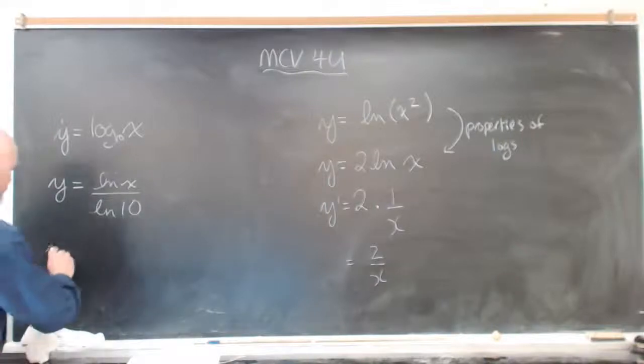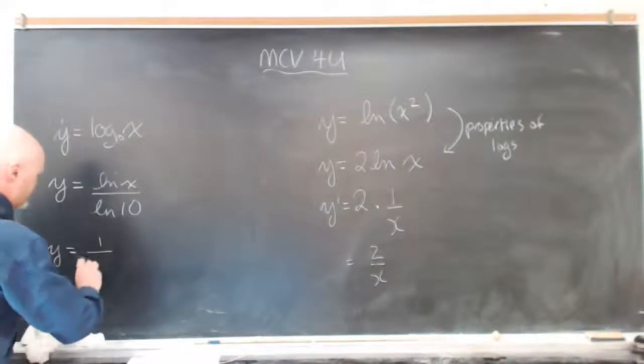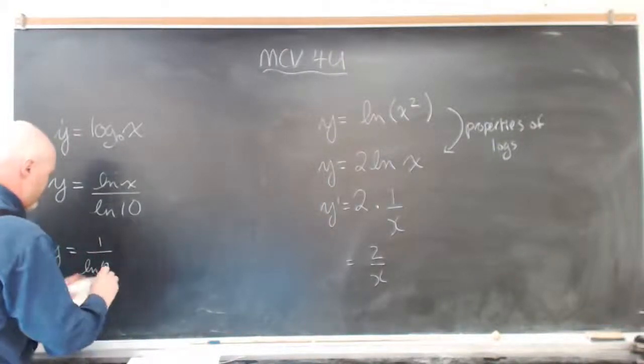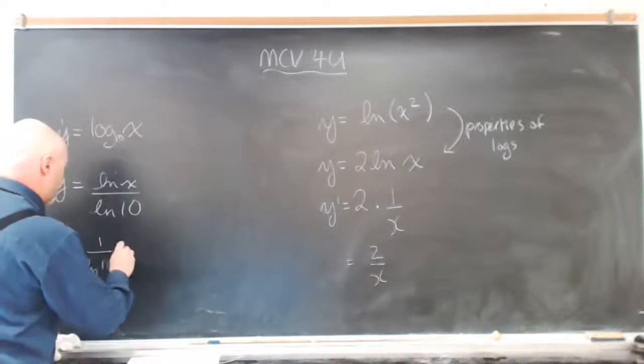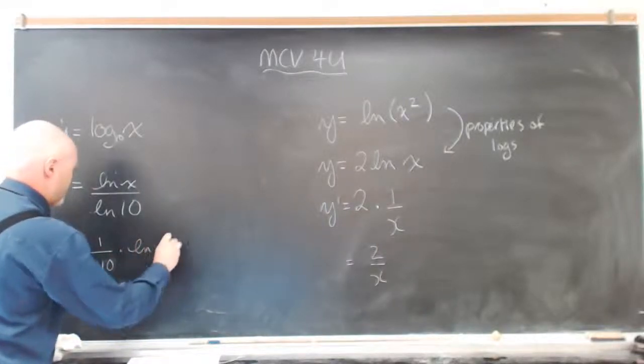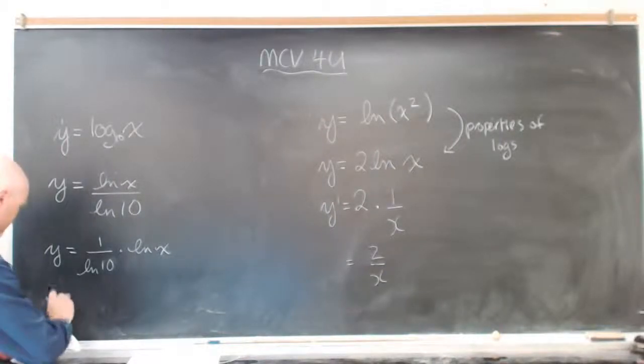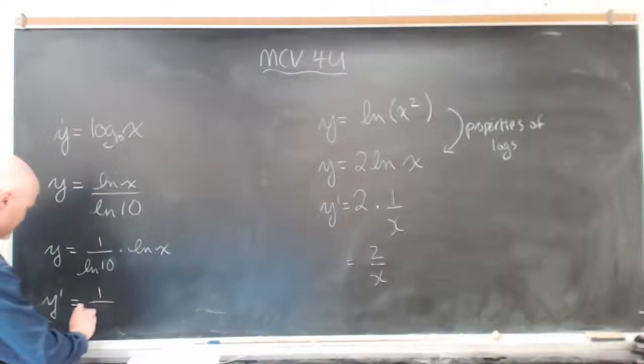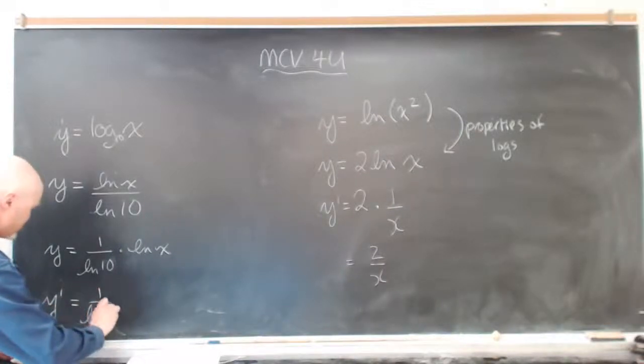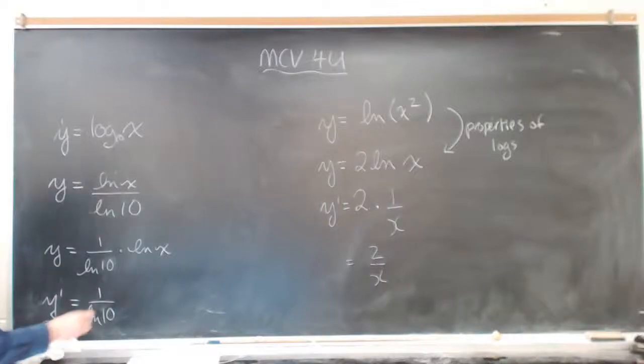So really, we're just doing this. We're just going to take that derivative, and we can use our constant rule because the natural log of 10 is just a number. And what's the derivative of the natural log of x?